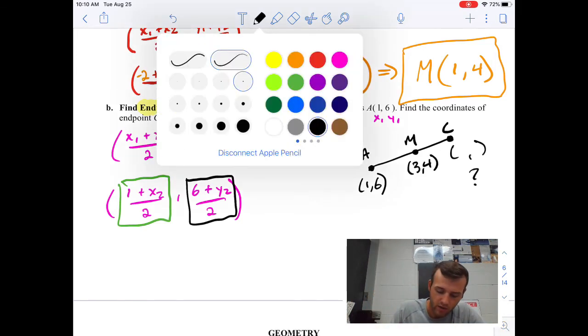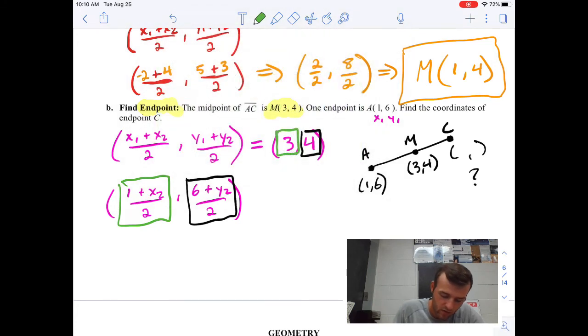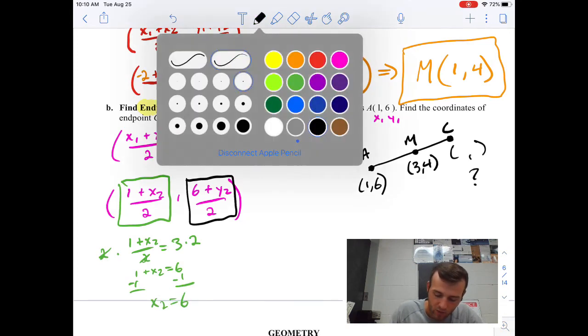So for green, 1 plus x2 over 2 equals 3. I would multiply by 2 on both sides. 1 plus x2 equals 6. Take away 1 from both sides, and we have x2 equals 5. And for black, we're going to do the same thing.